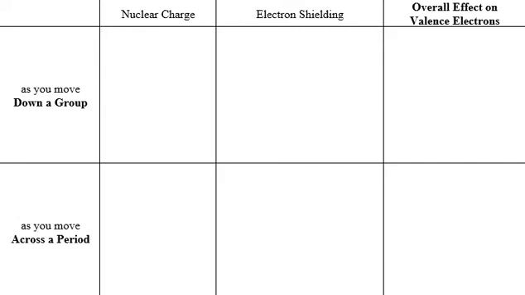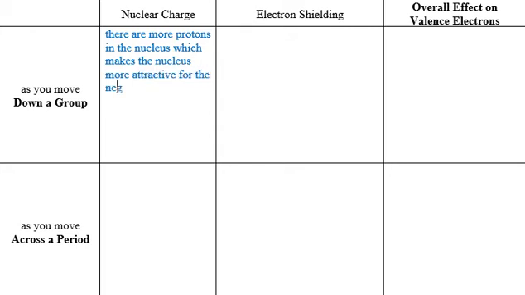Well, there are more protons in the nucleus, which makes the nucleus more attractive for the negative electrons. Opposites attract. So more positive in the middle means more attraction for those negative electrons.